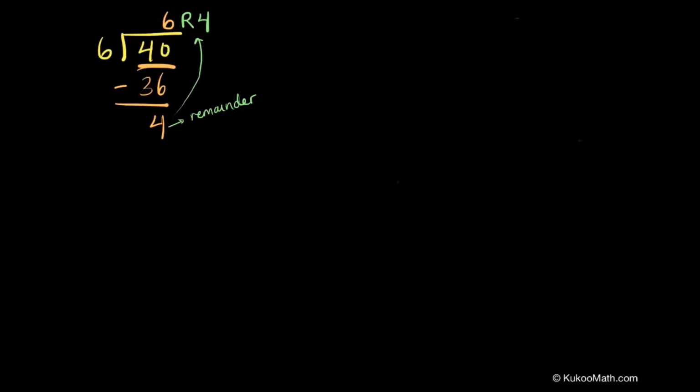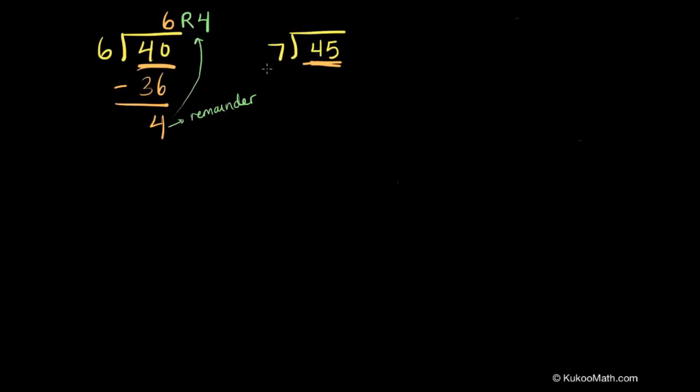Now, let's try this again with a different problem. 45 divided by 7. Again, our first step is to look whether we can put the 7 into the first digit, 4. We can't, so let's look at the first two digits, 45. How many times can we put 7 into 45 without going over 45?